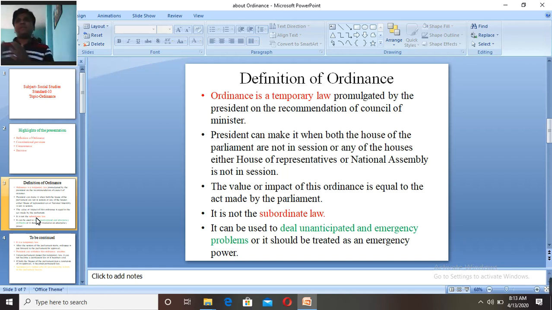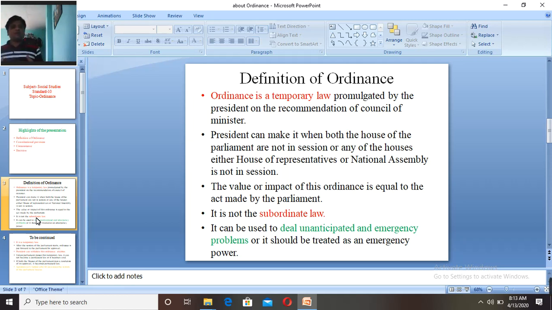If it is made by the legislature, it is a law, it is not an ordinance. Ordinance is prepared by the executive. The president can make it when both houses of the parliament are not in session, or when either the House of Representatives or the National Assembly is not in session.